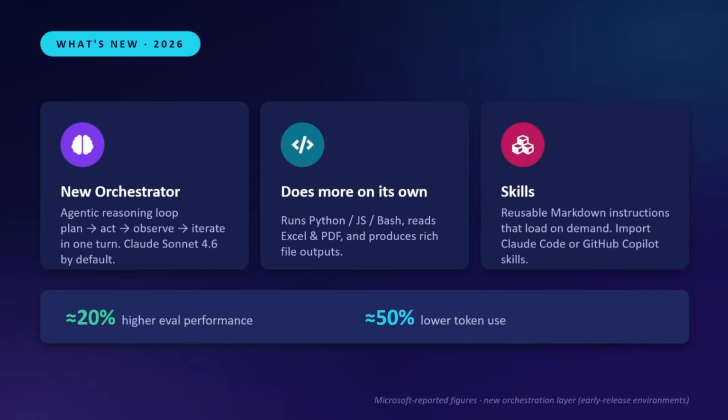There's still space for both, and scenarios and use cases for both. And obviously, the new experience has a 20% higher evaluation performance, as well as a 50% lower token usage. These are stats based on Microsoft's reported figures.